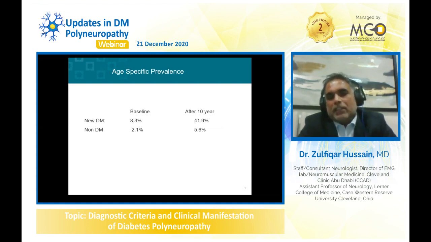We have other longitudinal studies that have determined that in type 1 diabetes, the prevalence is about 20% after 20 years. But in type 2, about 15 to 20% of diabetic axonal polyneuropathies are diagnosed at the time of diagnosis, and within 10 years the prevalence can go up to close to 60%.